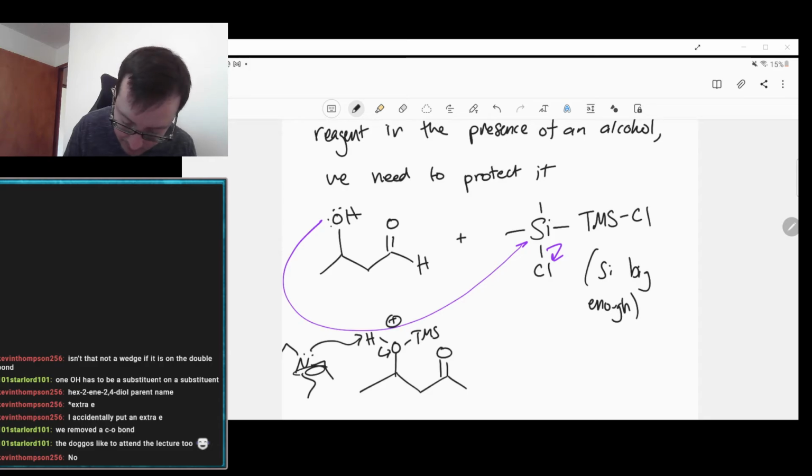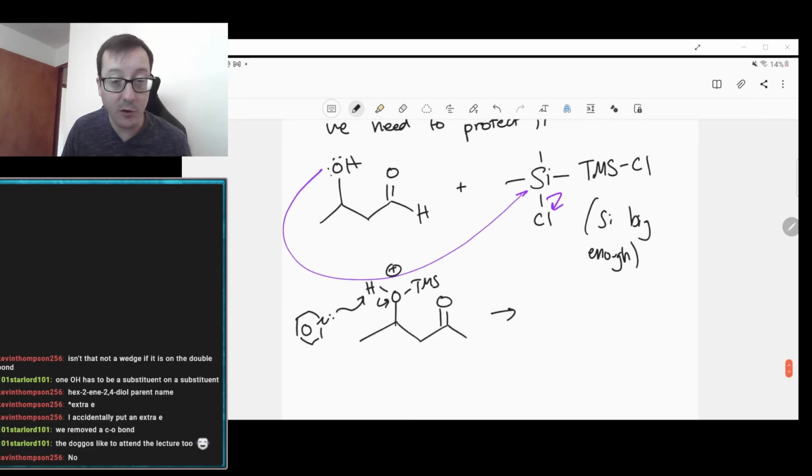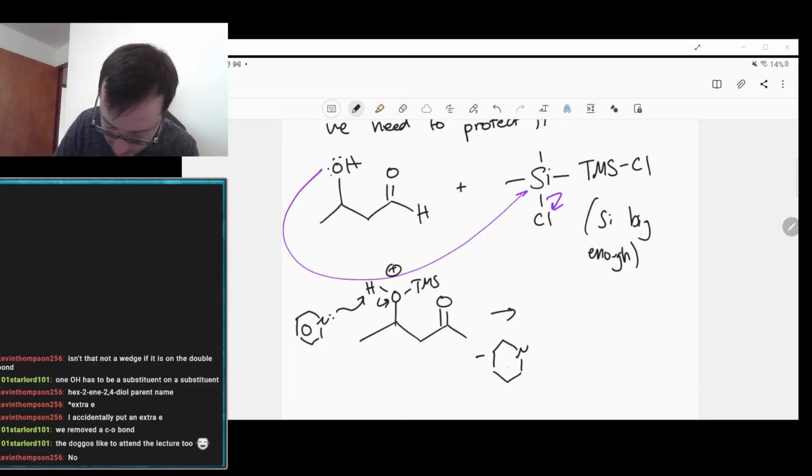Let's use pyridine instead. Pyridine will deprotonate this thing, and pyridine will also grab up our chlorine, so that's very useful. So we will lose our pyridine, sorry, it's got the proton on its N-H. It's plus. We have Cl minus.